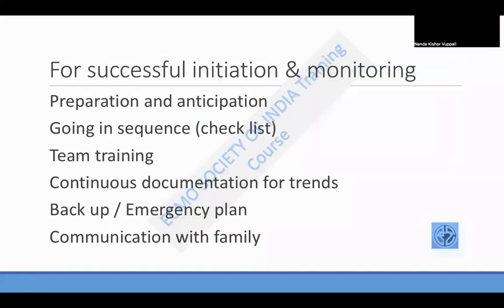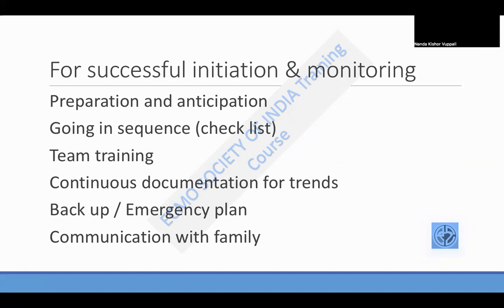So to conclude, for successful initiation and monitoring, a lot of it goes down to how much you prepared and anticipated the problem so that you can mitigate these problems even before they arise. Going in sequence always helps, and having a checklist so that even one step is not missed is quite useful. Team training is quite an essential part of that, because many people are involved in ECMO initiation, not just a doctor.